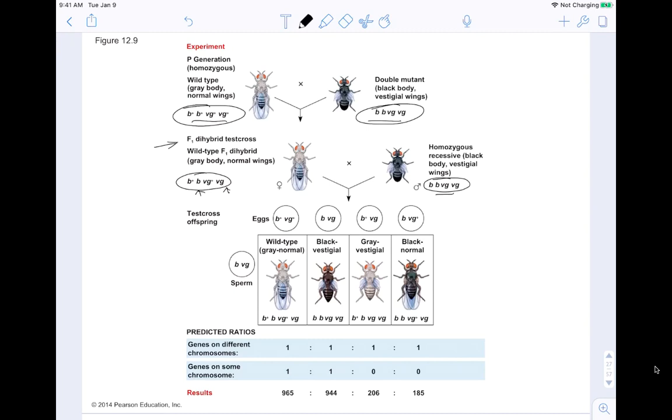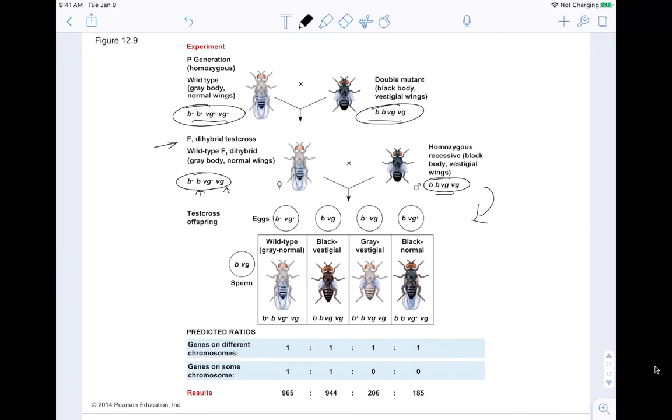When you do a test cross between these two individuals on this little chart, you have the predicted ratios. If the genes were on different chromosomes, then you'd expect 1 to 1 to 1 to 1. But if the genes are on the same chromosome, now you have the ratio of 1 to 1 to 0 to 0.